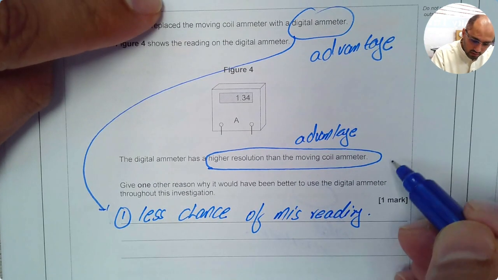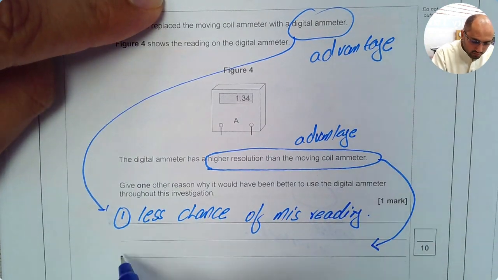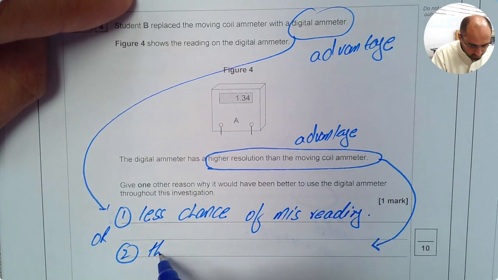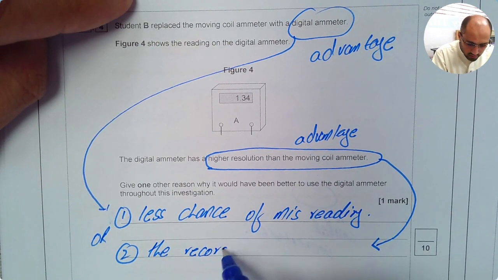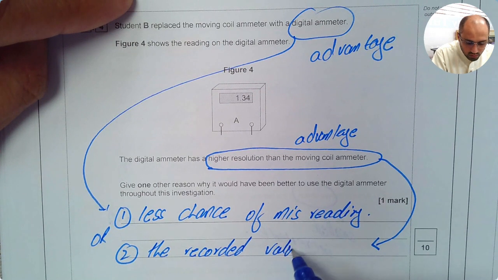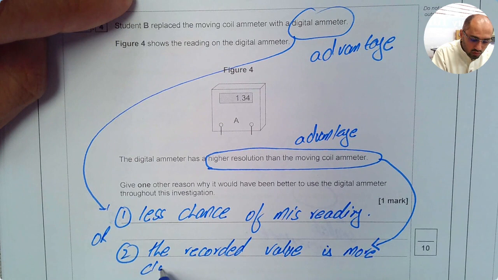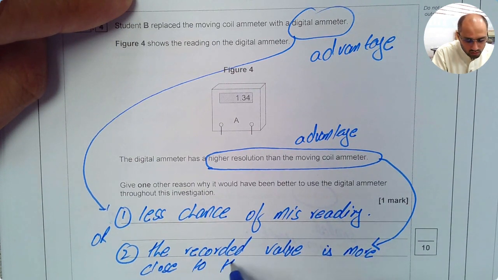Then high resolution has an advantage as well. I can say this means the recorded value is closer to the actual value.